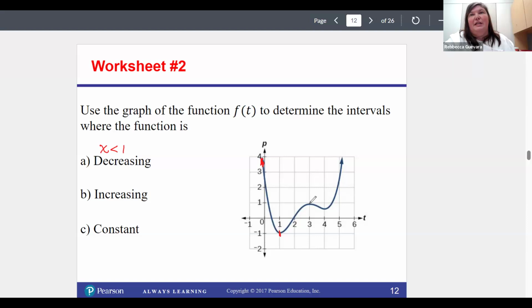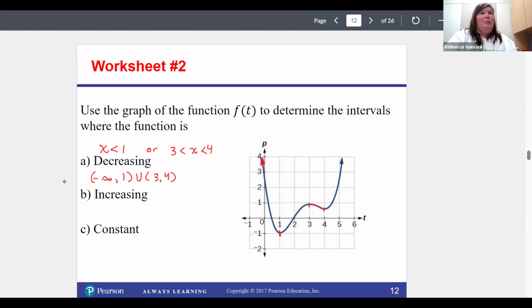Then we increase, and then from here to here, we decrease again. We decrease again when x is between 3 and 4. So as an interval, we would say, starting at -infinity, we were decreasing until we hit 1, union, and then from 3 to 4, we decreased again.